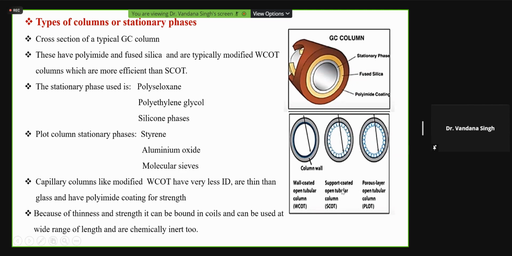Now another type of column is the support coated open tubular column. This is only a minute difference from the WCOT column, where the stationary phase is immobilized on support particles, maybe diatomaceous earth or something like that.